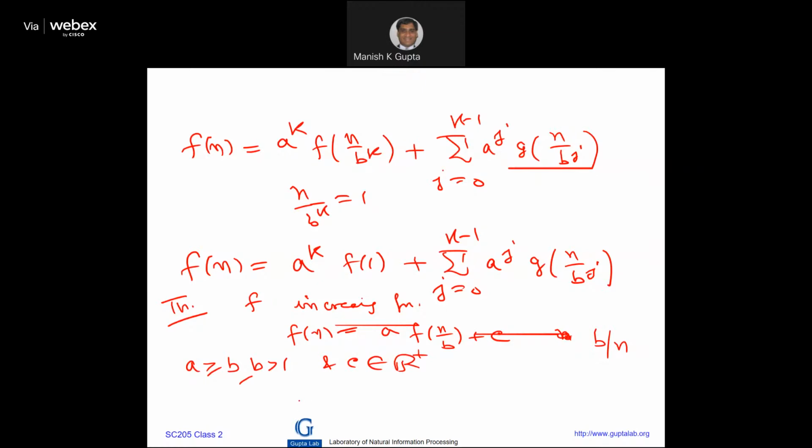then we can say that f of n is equal to big O of n raised to power log of b base a if a is greater than 1, and big O of log of n if a is equal to 1.